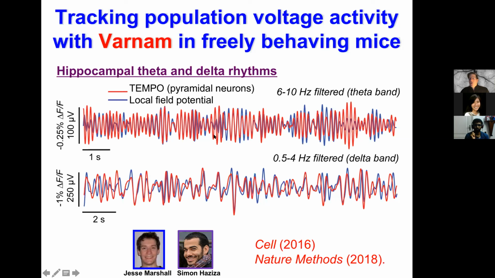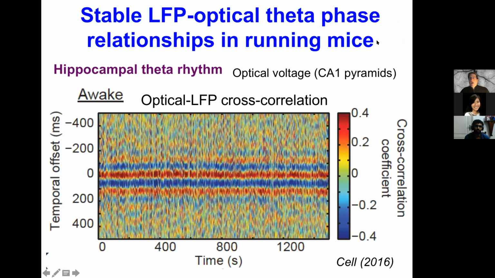But of course, we can also use this optical method in brain areas where the electrical method does not work well. This slide shows you data from the hippocampus that there's a steady phase coherence between the optical measurement and the electrical local field potential measurements that we took at the fiber tip, giving credence to the validity of the optical data.